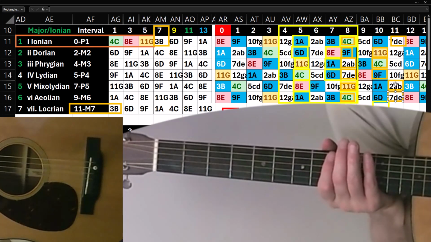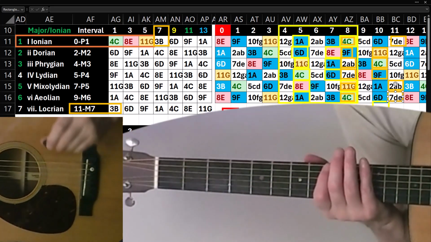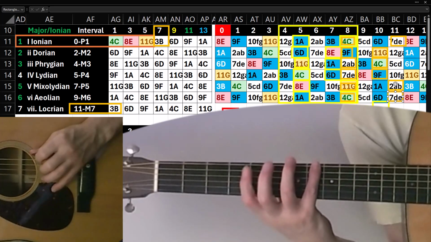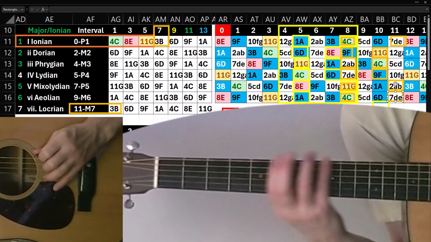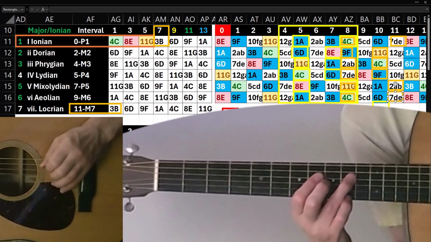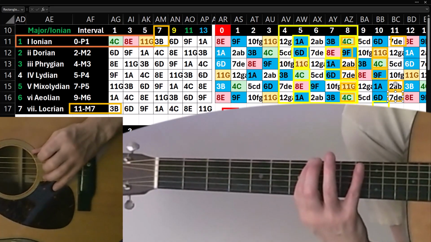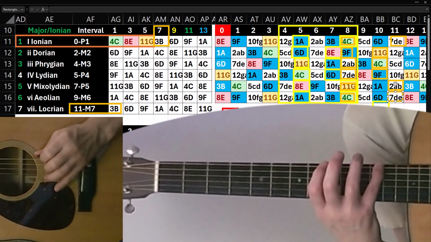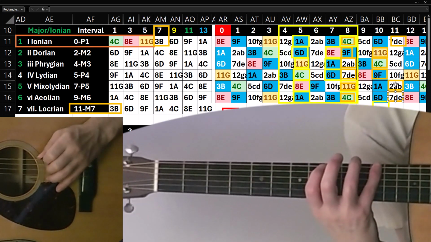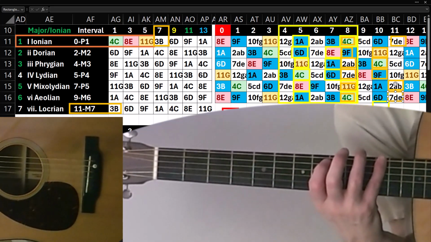So you see what happened here is I can use this same shape here, focusing around the C on this side, and when I play it on this side, I can use the same shape, but I'm going to bend up, right, where I need to bend up. How would I know to do that?